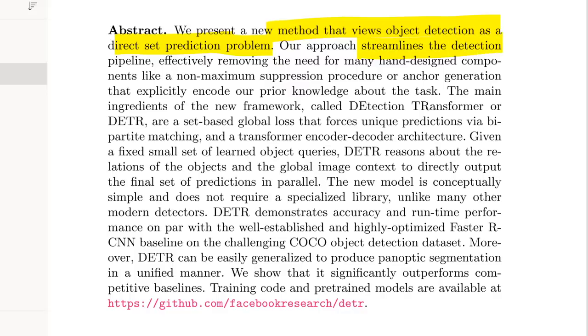It streamlines the detection, effectively removing the need for many hand-designed components like non-maximum suppression. The main ingredients are called detection transformer: a set-based global loss that forces unique predictions via bipartite matching, and a transformer encoder-decoder architecture. So they make it clear here why it matters, and that's what I want to get at: what's the new thing in this paper.